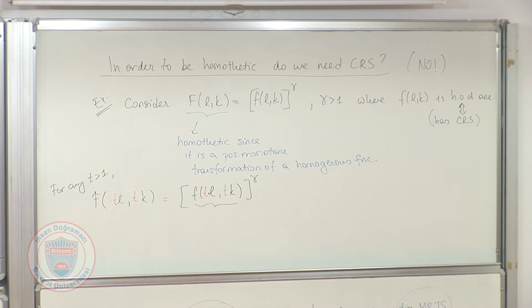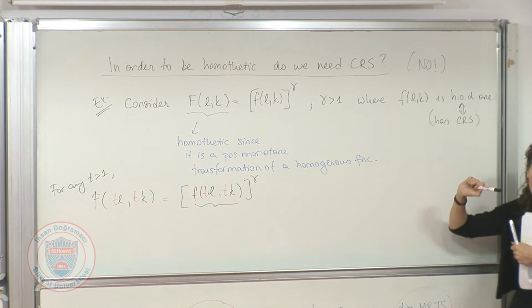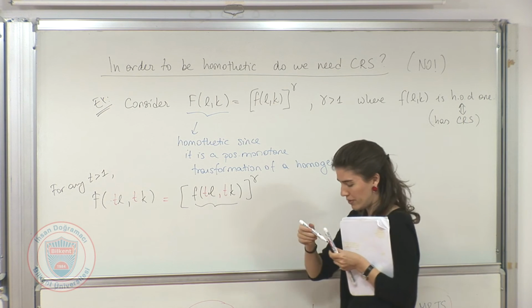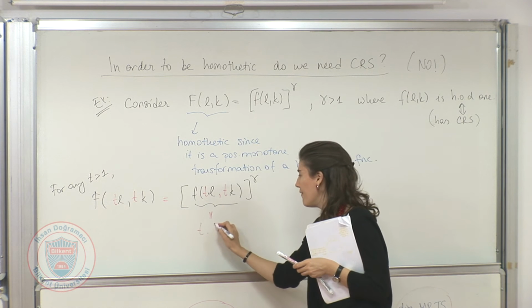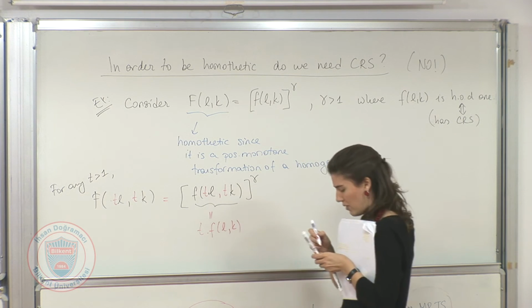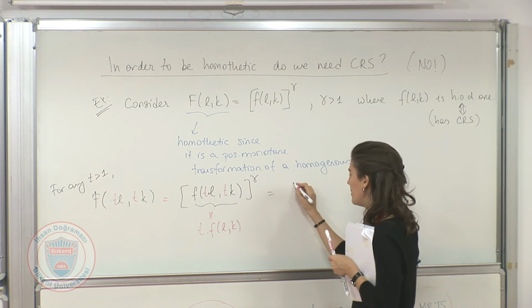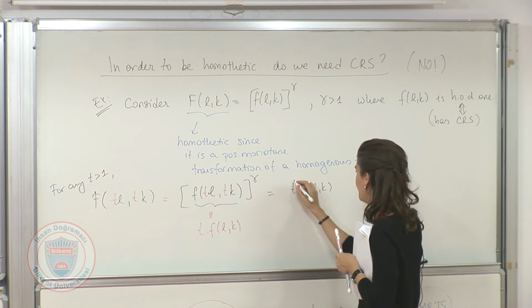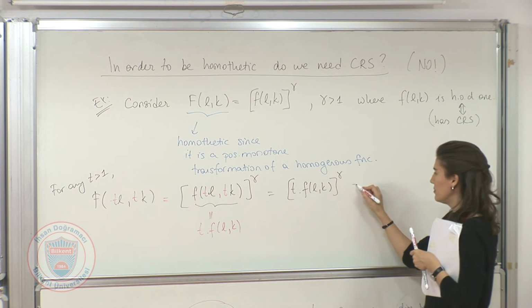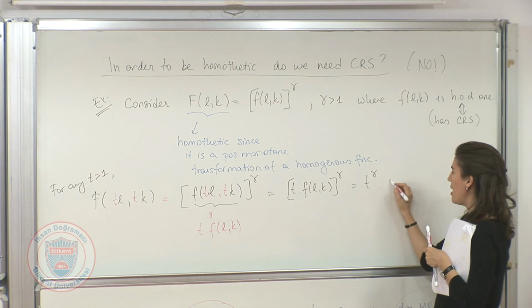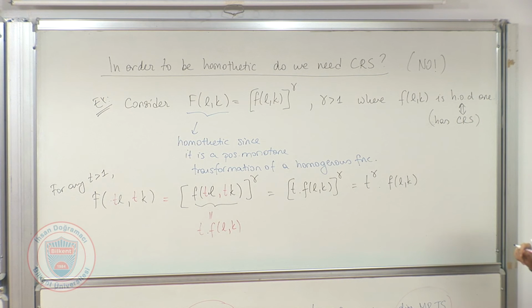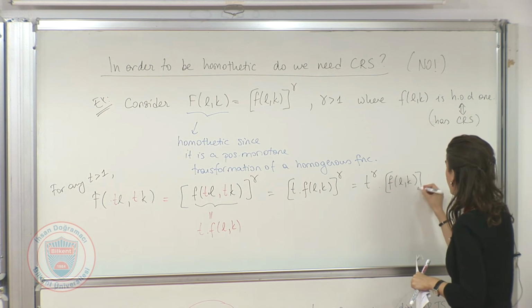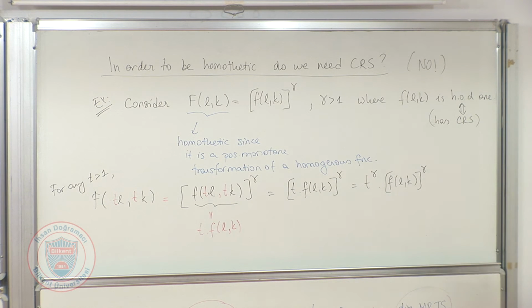What do we know about this guy? I said that this is homogeneous of degree 1, right? So if it's homogeneous of degree 1, this is equal to t times f of LK. So this is t times f of LK to the power gamma. Okay, so this is t to the power gamma times F of LK, right?